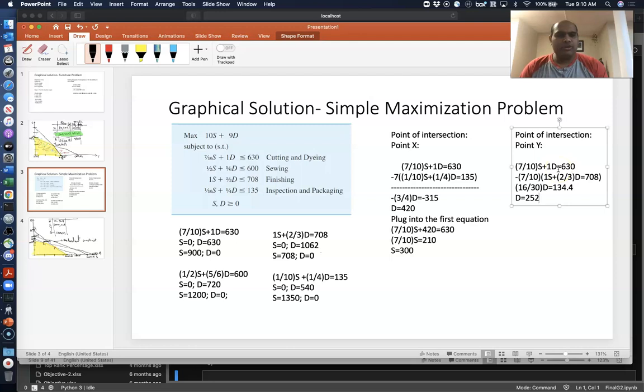So I can plug it into the equation and find the value for s. I can plug d equal to 252 into the first equation.